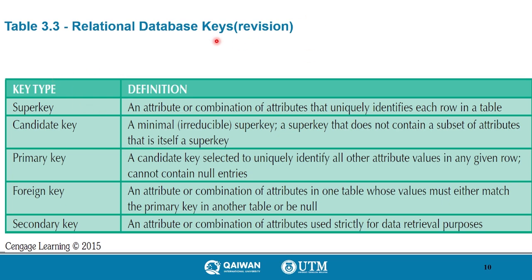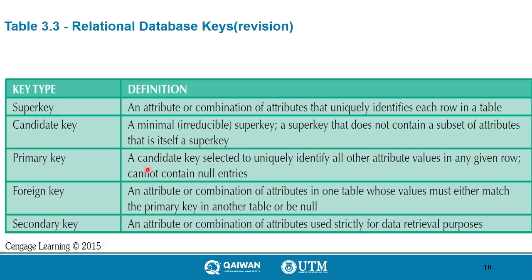Now we talked about all of these keys. This is just a revision table. The super key is an attribute or combination of attributes that uniquely identify each row in a table. Candidate key is a minimal or irreducible superkey, a superkey that does not contain a subset of attributes that is itself a superkey.